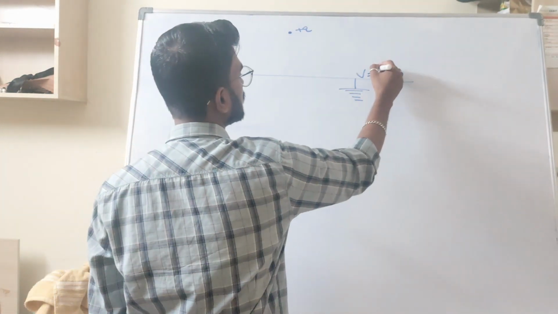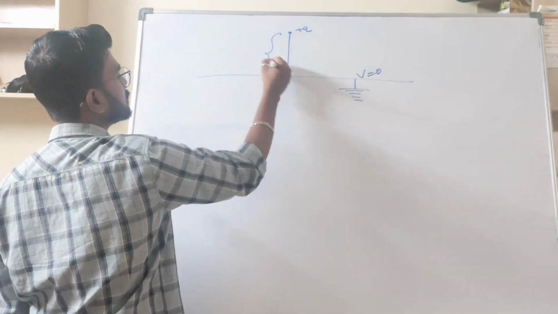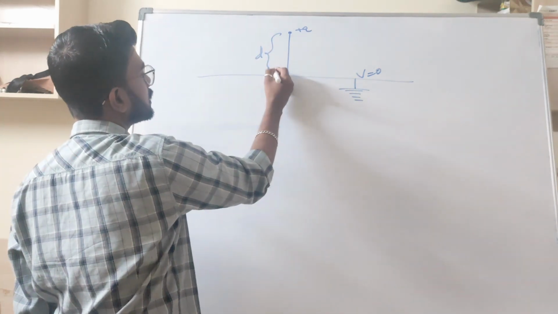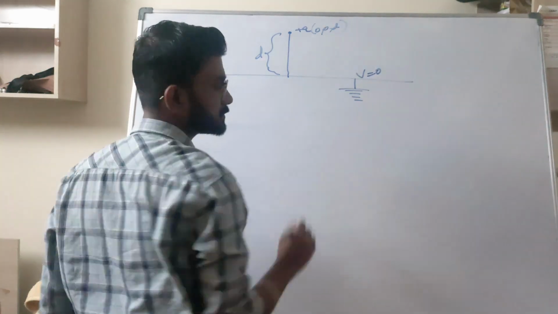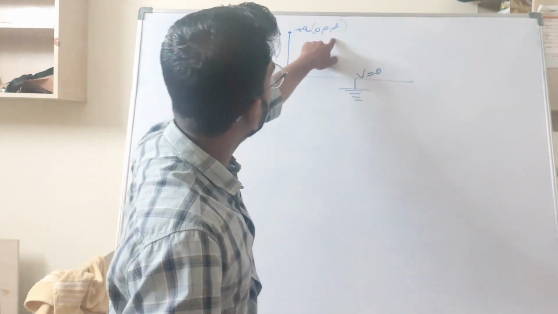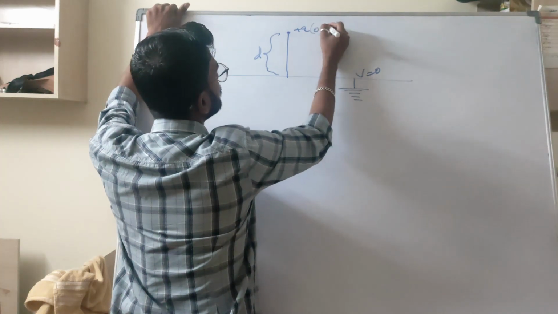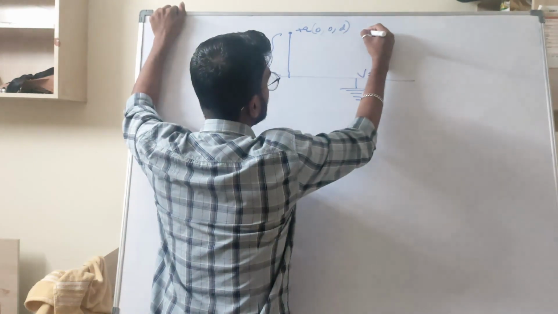If the charge is at a distance d, then the coordinates of plus q are 0, 0, d, because the z coordinate is d and x and y are 0. Now you have to find the potential at point P.